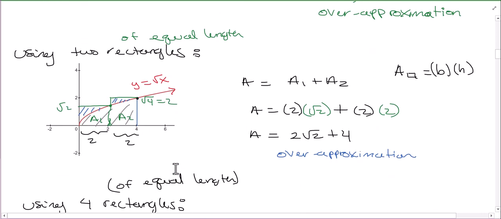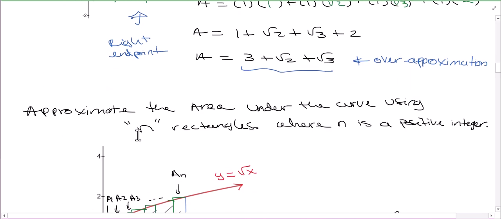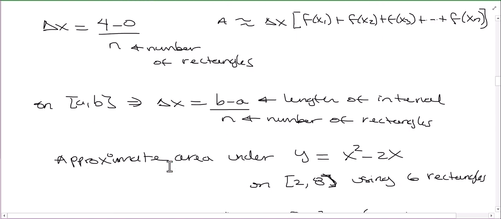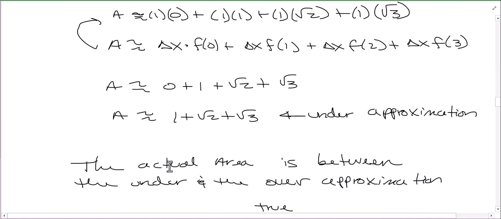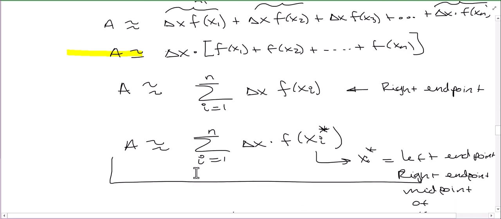We start the approximation by seeing that the more rectangles I use, the better my approximation. So the idea is when I have infinitely many rectangles, so the limit as n goes to infinity, what is the numerical value? That's going to be our actual area under the curve. And so that's what's coming. That's what we'll be working on in the next couple of weeks.